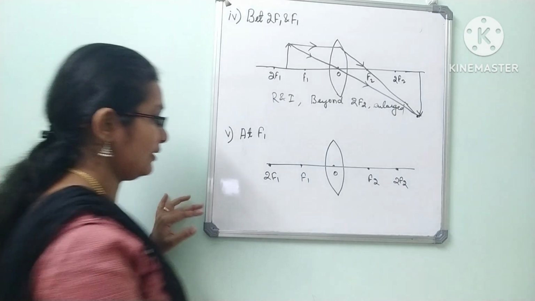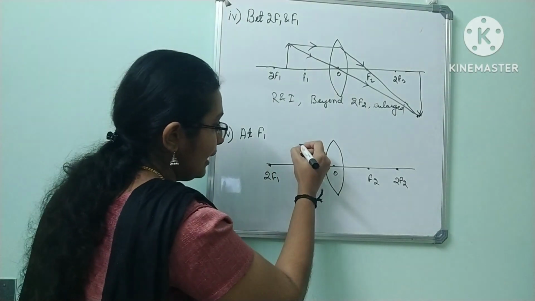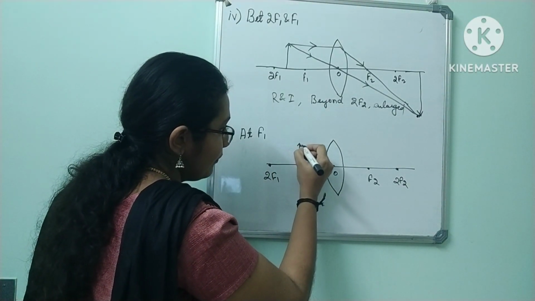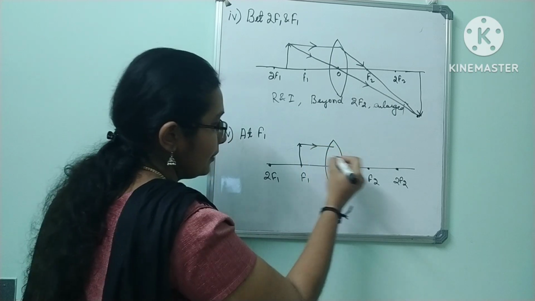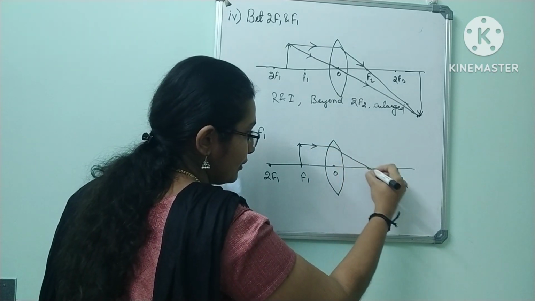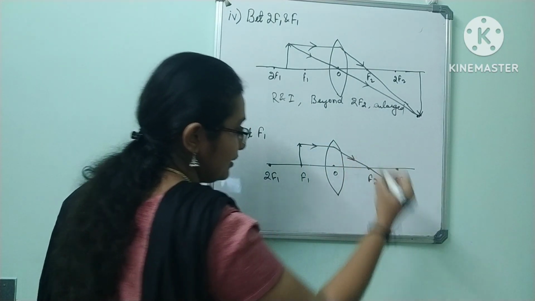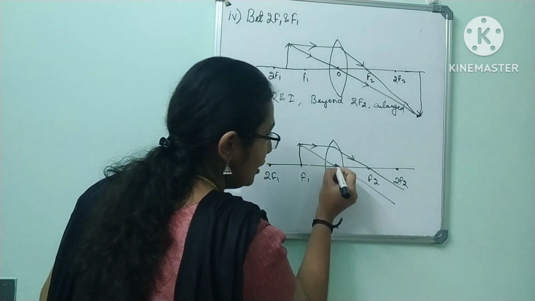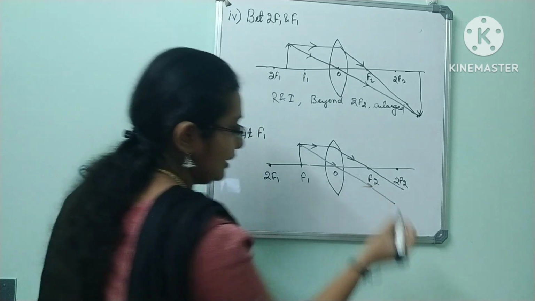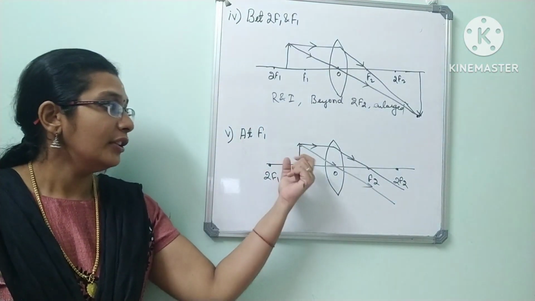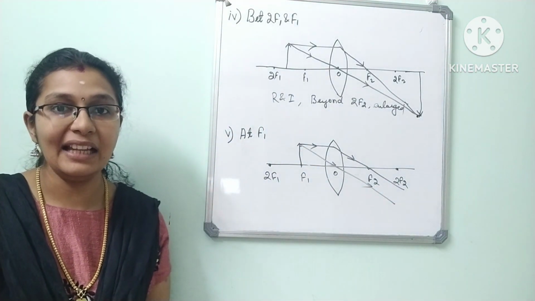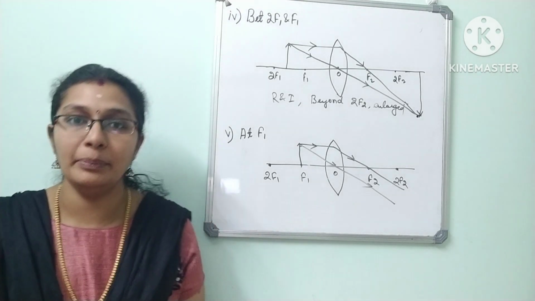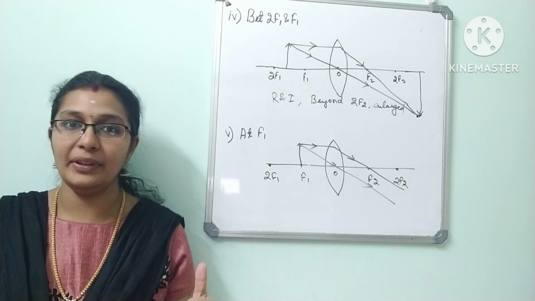Then we will go with the next case. At F1 we are going to place the object. A ray parallel to the principal axis, after refraction, passes through the focus on the other side, then a ray passing through the optic center goes undeviated. If you see, you will get parallel lines, right? Where will they meet? They will meet at infinity, yes or no?